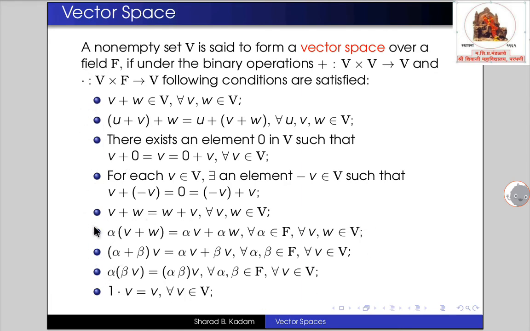So these are 5 properties and these are 4 properties, so there are a total of 9 properties. If all these properties are satisfied under these 2 binary operations, first binary operation is vector addition, second binary operation is called scalar multiplication, then this set V is said to form a vector space over a field F.